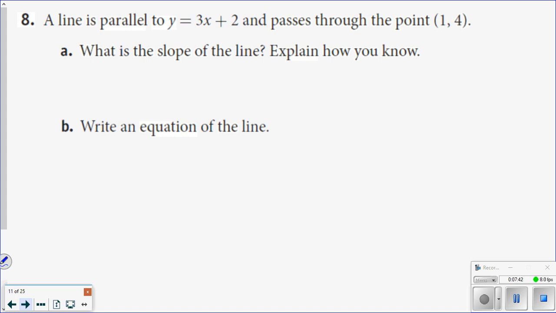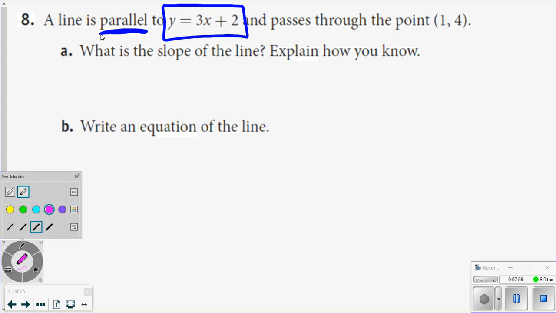Question 8. So I'm going to skip some questions here. Go down to question 8. A line is parallel to y equals 3x plus 2. So what's the slope of that line? The slope is 3. Good job. And it passes through this point right here.